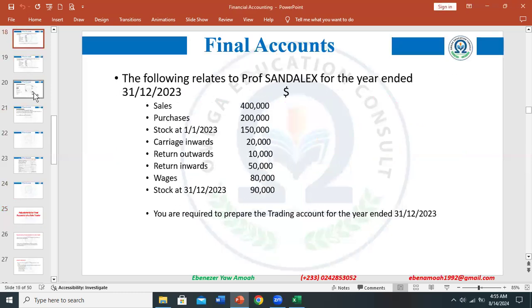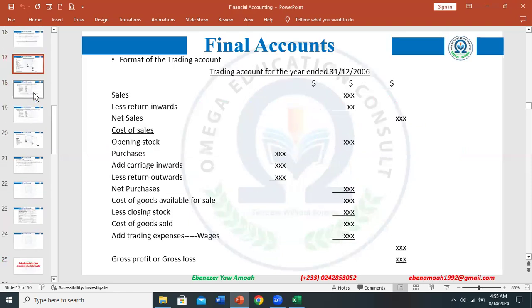For the trading account, these are the items that you need to be able to prepare the trading account: the sales, return inwards, opening stock, purchases, carriage inwards, return outwards, closing stock, and then trading expenses. These are the items you use in the trading account.